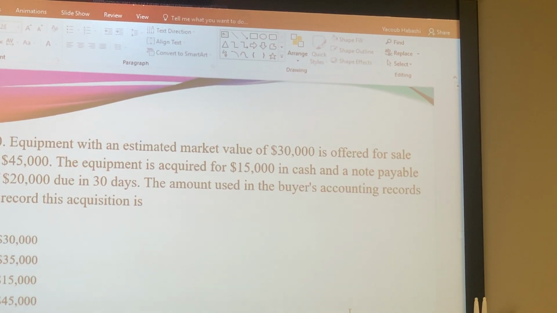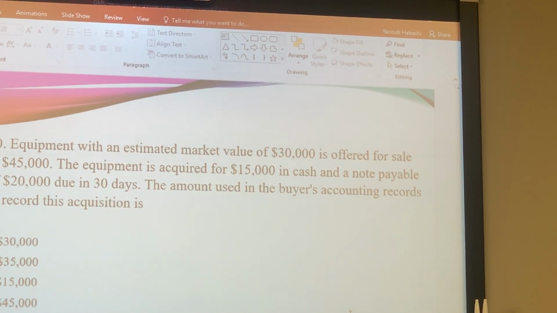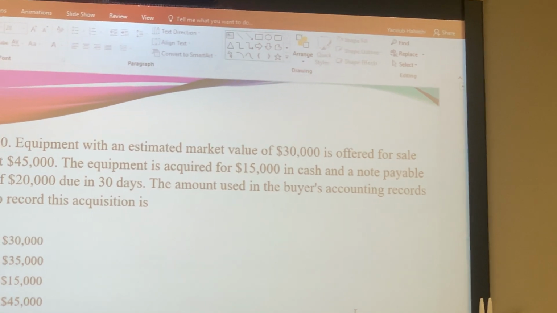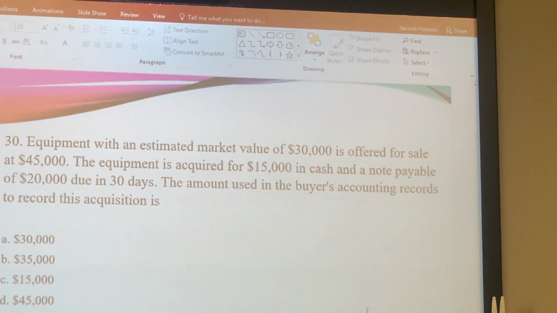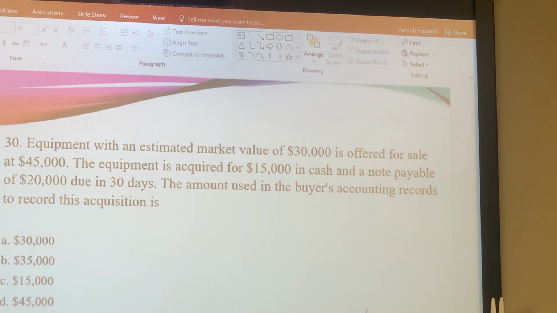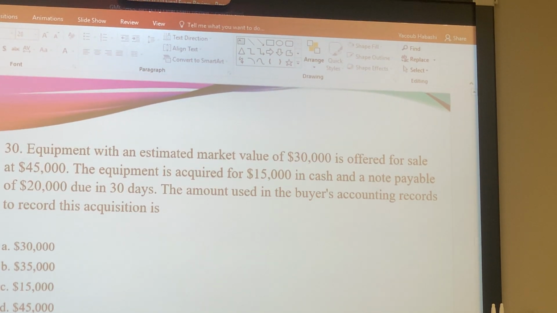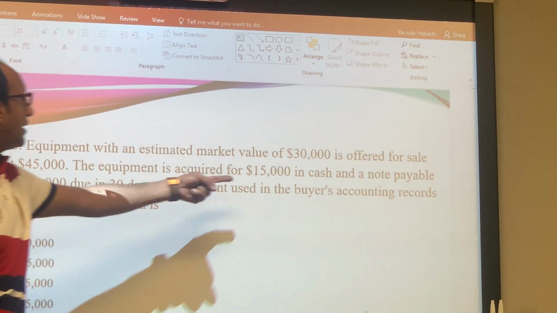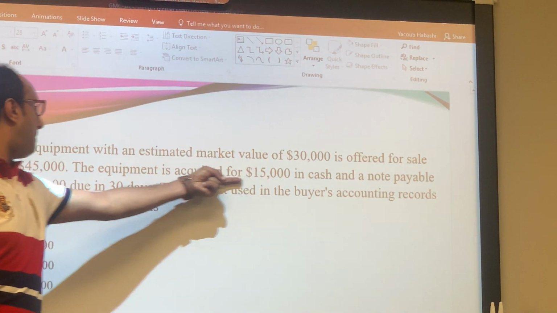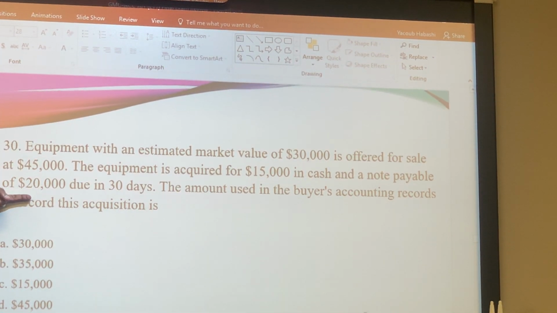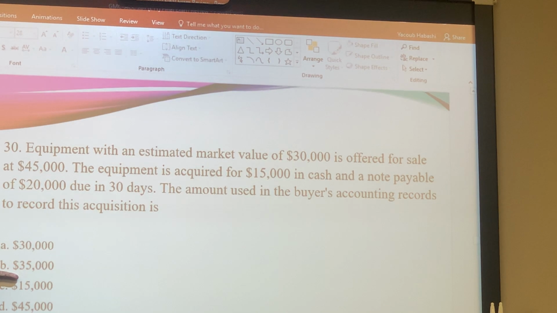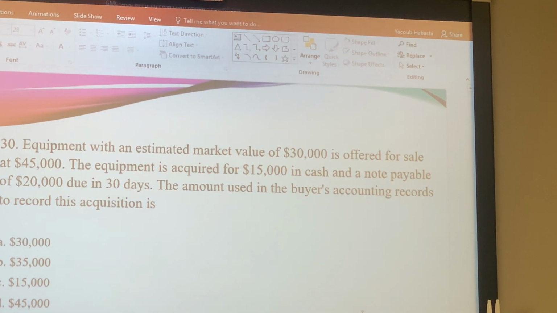Who can answer? I want to say B. When you get down to it, it's what you're actually paying. Yes, because 15,000 plus 20,000 gives us 35,000. Okay?